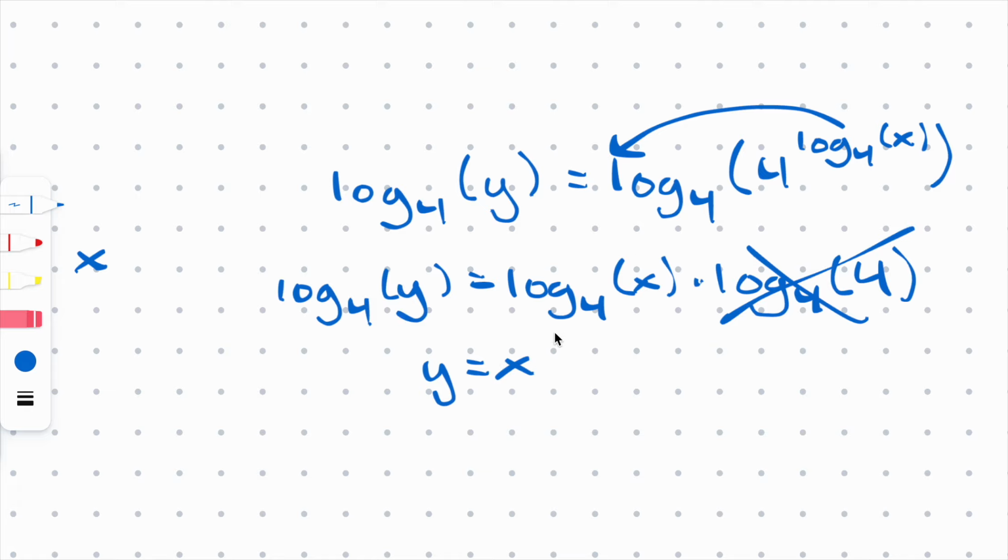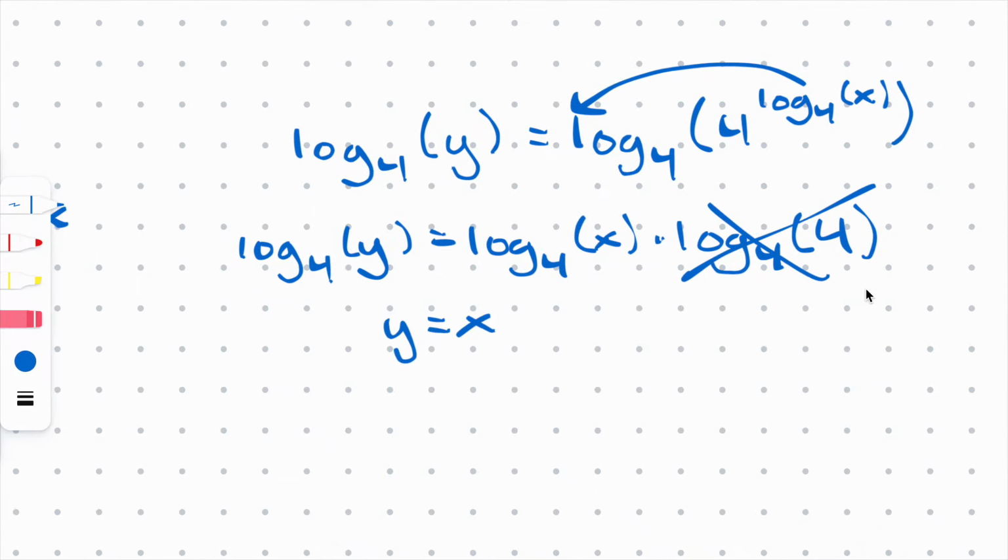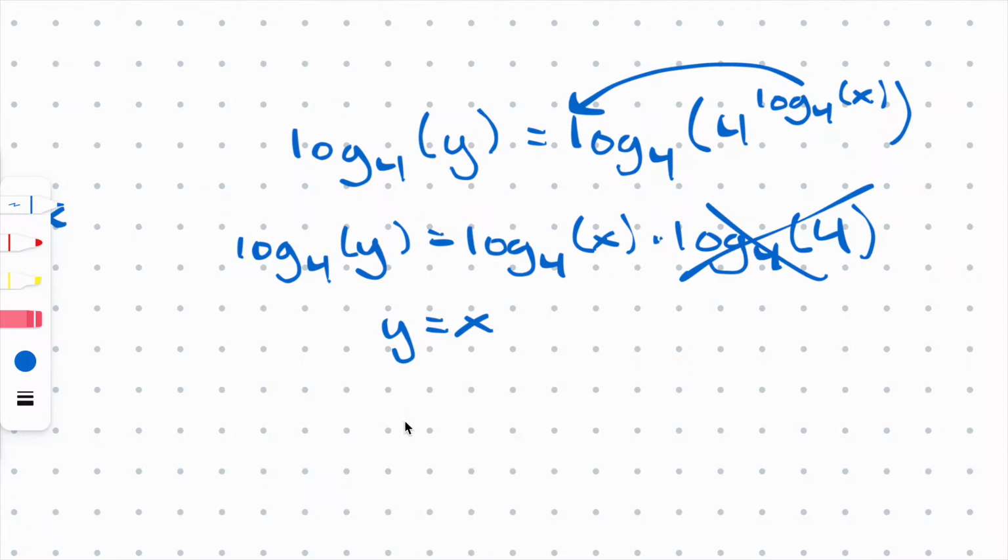So if y equals x, then since these two are equal, y must equal this.